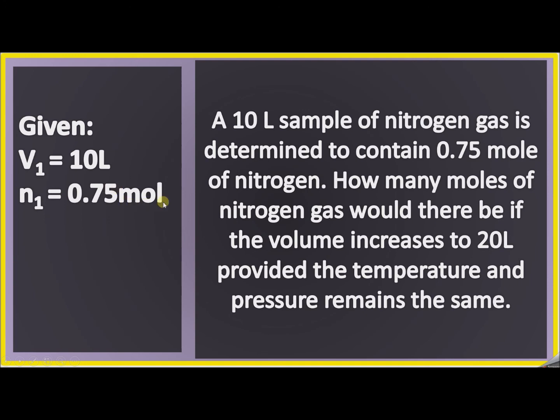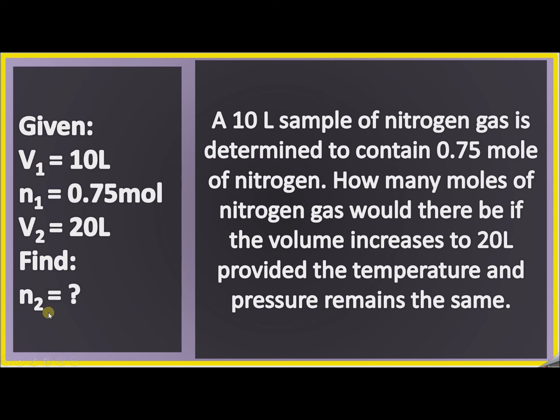And then we have volume number 2 or V sub 2, which is 20 liters. Okay? Yung 1 na nandito na subscript, ibig sabihin ito yung before reaction. Yung volume niya is 10 liters and yung number of moles is 0.75 moles. Okay? And then yung mineasure na after ng reaction, we have the volume which is 20 liters. And we are going to find the number of moles after the reaction.